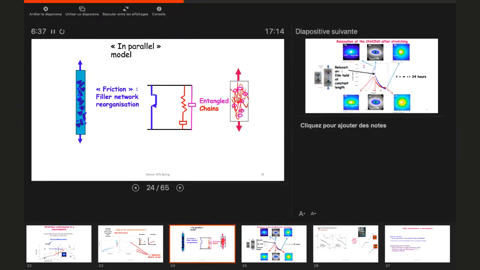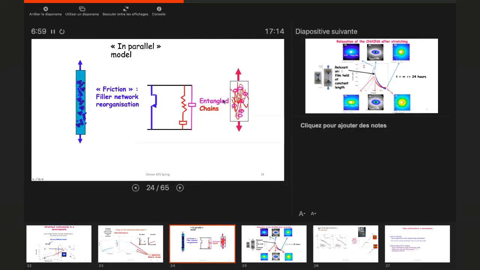So when you stretch, you think that you have a bigger radius of gyration for the chains because they get stretched. And this comes at a particular threshold when the aggregates start to move relatively from each other.